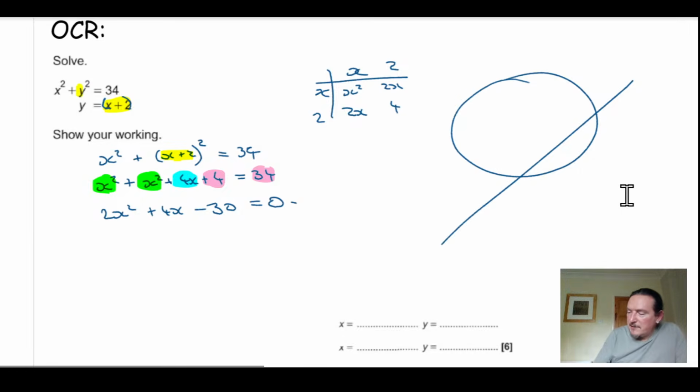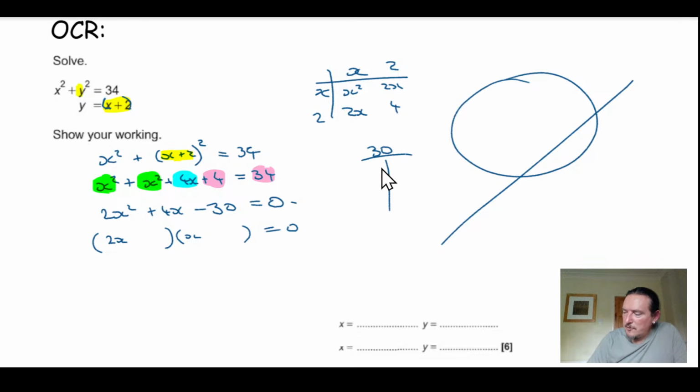Right, so then factorising this one, because I've got a 2x squared at the beginning, I'm going to have a 2x and an x inside my bracket. Factor pairs of 30, got lots of factor pairs of 30, far too many. Got to do a bit of thinking which pair is going to fit. I've got 1 and 30, 2 and 15, 3 and 10, any more? 5 and 6, so 4 possible pairs.